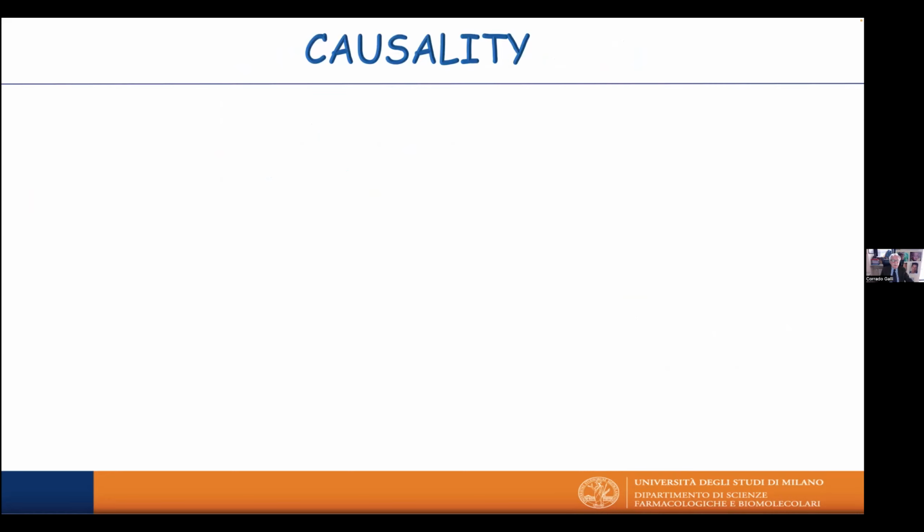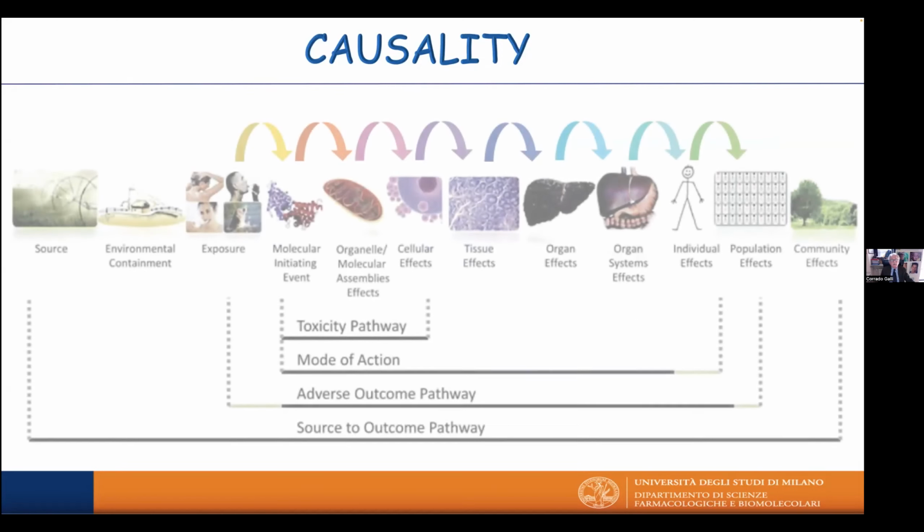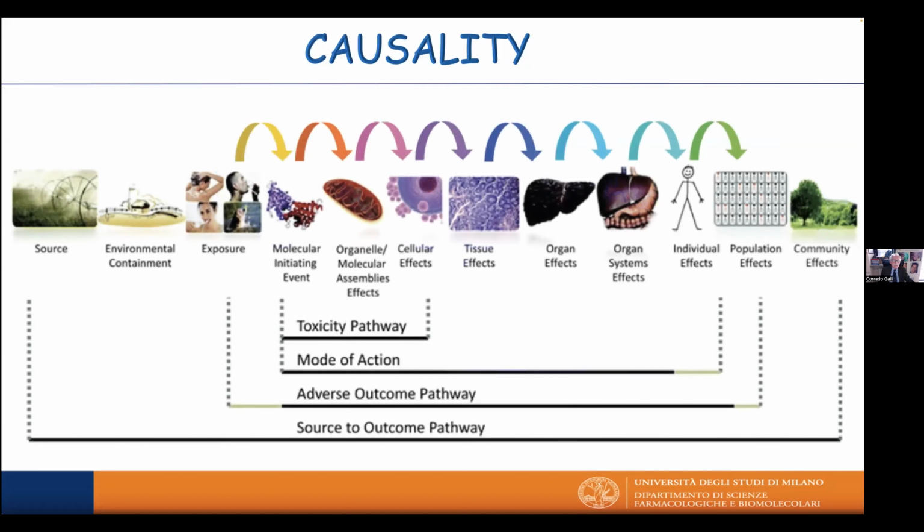Remember that, because the causality and the dose response curve are the most important parameters that you have to deal with. And concerning the causality, nowadays we have very good tools for the mode of action.